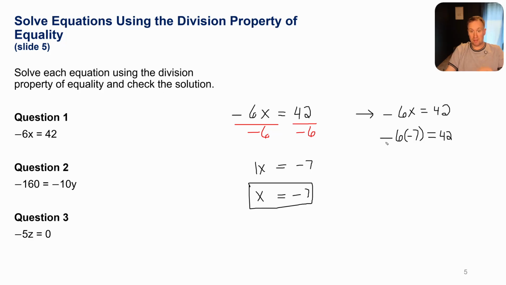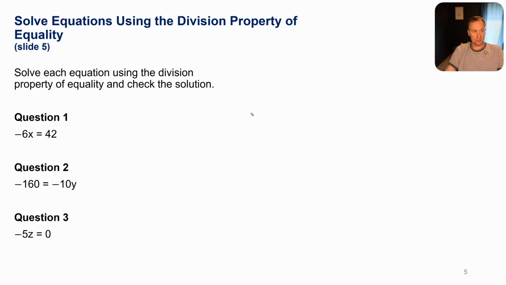A negative times a negative equals a positive. 6 times 7 is 42. So now we have 42 and 42, and I can check off my work that satisfies that particular equation. So that's question 1. Question 2 is negative 160 equals a negative 10y.